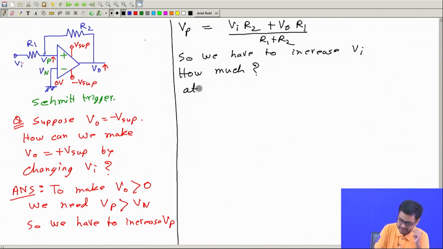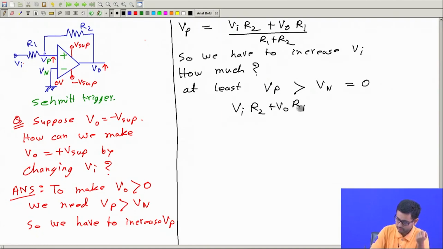So at least Vp should be greater than, slightly greater than Vn, which is same as 0. Now Vp is this, so let's write (Vi R2 plus Vo R1) divided by (R1 plus R2).